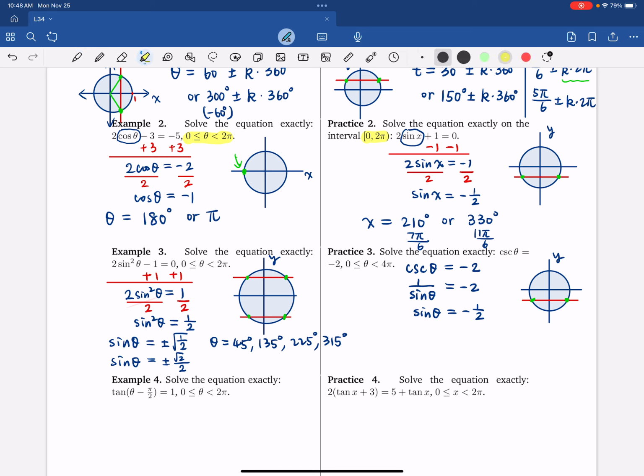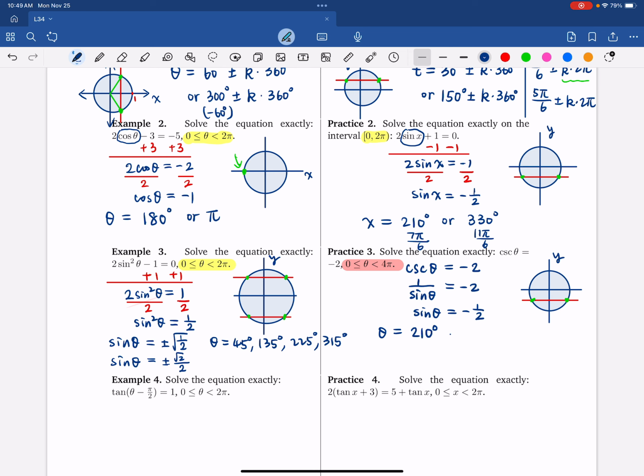It's not between 0 and 2 pi anymore, like example 3, right? This time it's between 0 and 4 pi, which means you do have to do 1 rotation of 360 to get all the solutions. If you look at the unit circle and you look for the y-coordinate of -1/2, you're going to get 2 angles.